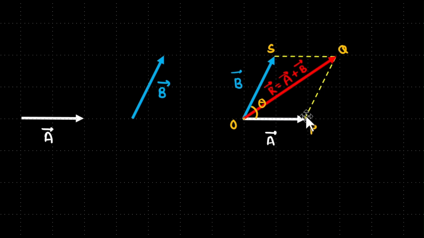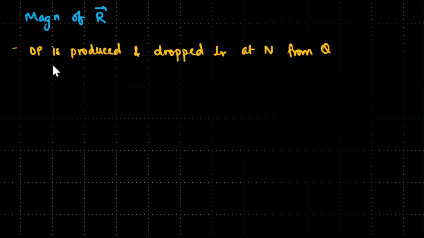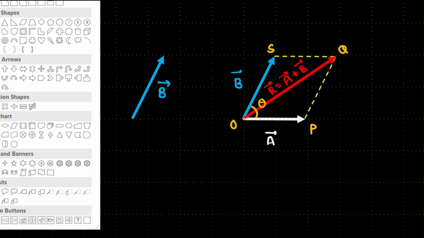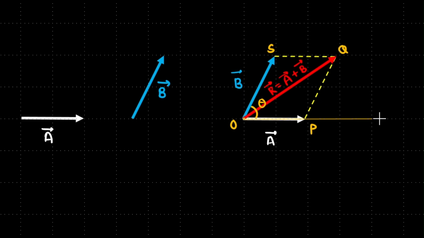So let's see what we said. We said OP is produced and a perpendicular is dropped at N from Q. So we want to draw OP. What is OP? This was OP, right? So let's make OP longer. So this is OP. We are just extending it.